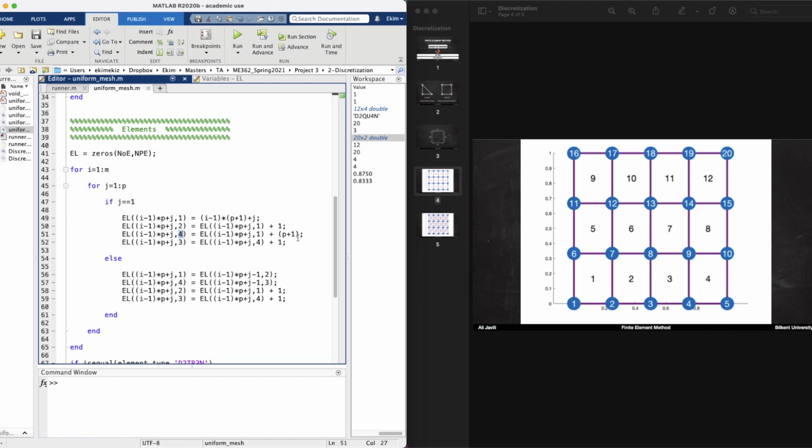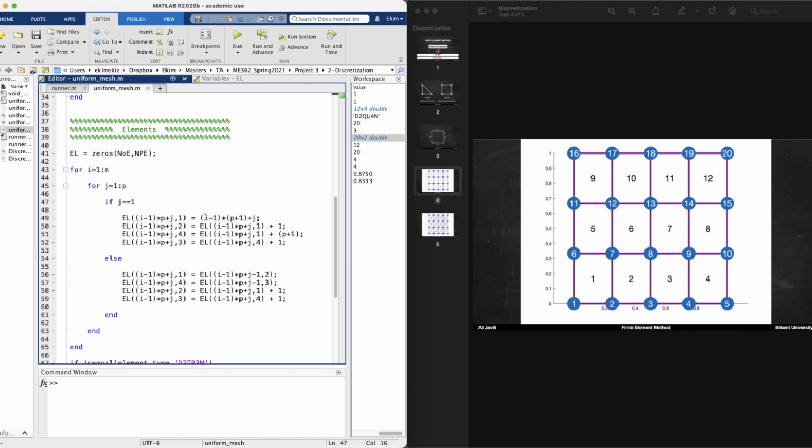So we have that same thing. So when you're looking for the first node of an element, we have this thing, right? For the fourth node, it should skip p plus 1 more, okay?